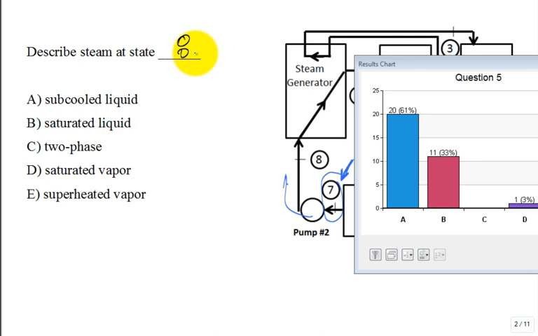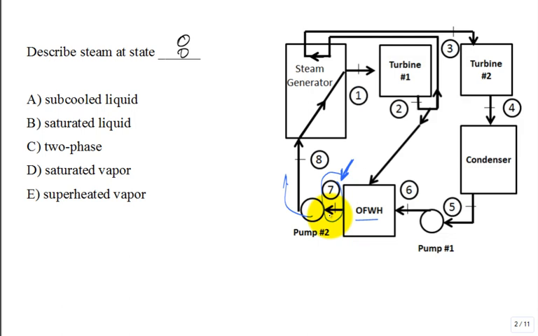Well, after the pump, if you did feed the pump saturated liquid, think about a TS diagram. Straight up on a TS diagram, you went into that little sliver of a narrow band of compressed liquid or subcooled liquid. So the correct answer is A. What's the difference between somebody saying subcooled liquid versus compressed liquid?